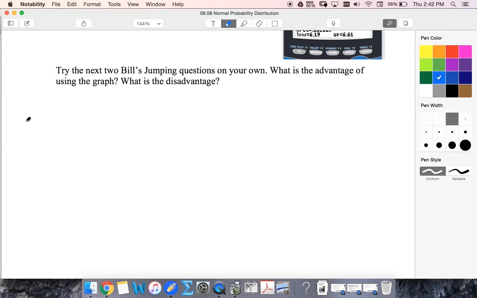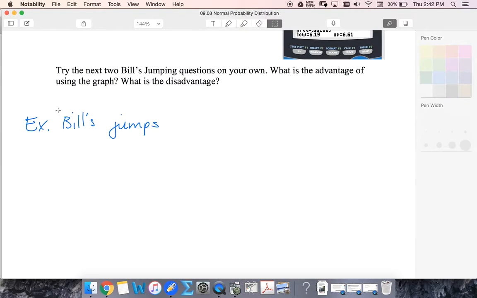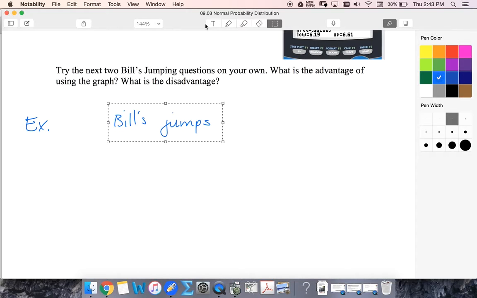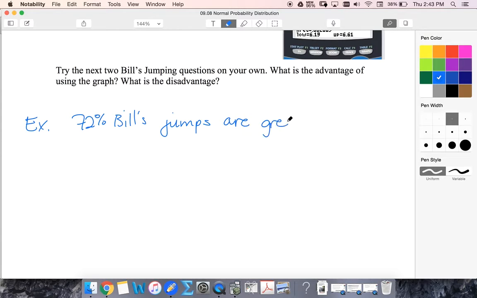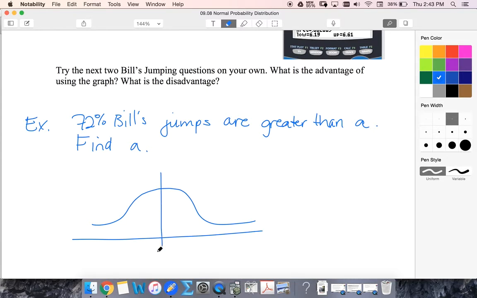So let's say that 72% of Bill's jumps are greater than A. Find A. So if we think about Bill again, here's a 6.4, 72% is greater than some value A here.